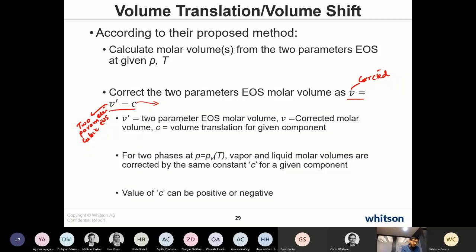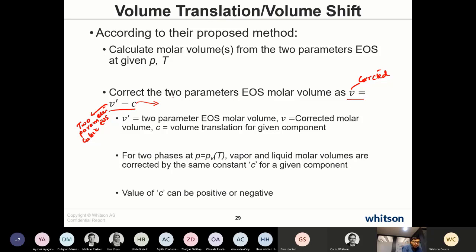But before we jump to the next slide, just a comment that the value of C can be a positive value or it can be a negative value, and again, that's different from one component to another. It's actually the third parameter in the cubic equation of state model.